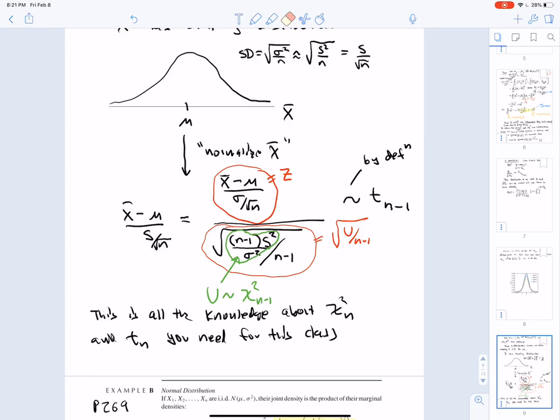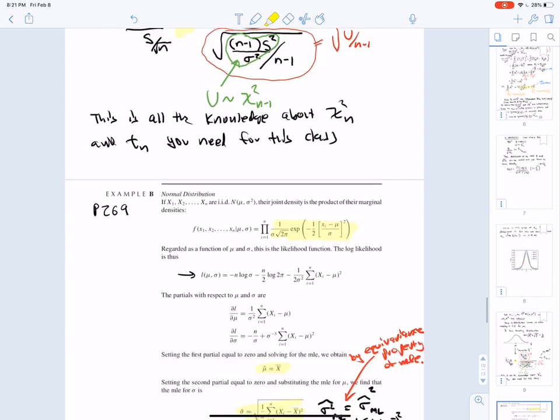It's just an algebraic thing. You can see here that I can just write it that way. You can see there's cancellation, so this equality that I'm highlighting right here you can algebraically verify. So this is all the knowledge about chi squared with n degrees of freedom and the T distribution that you need for this class.